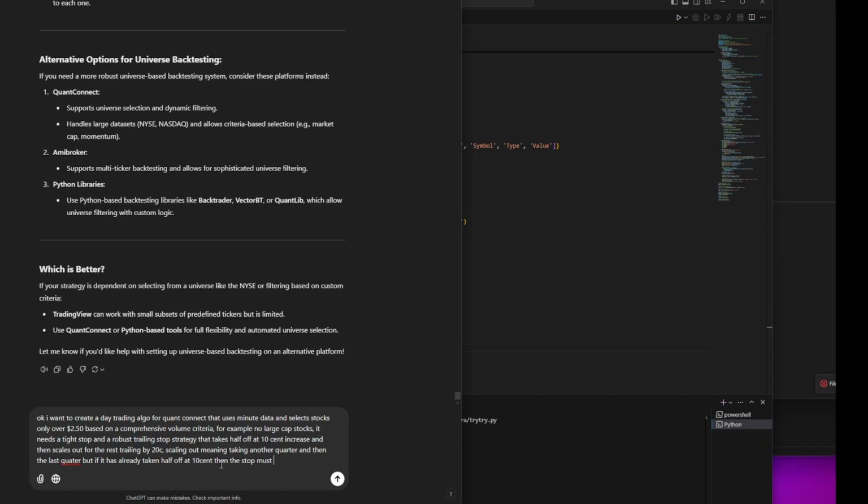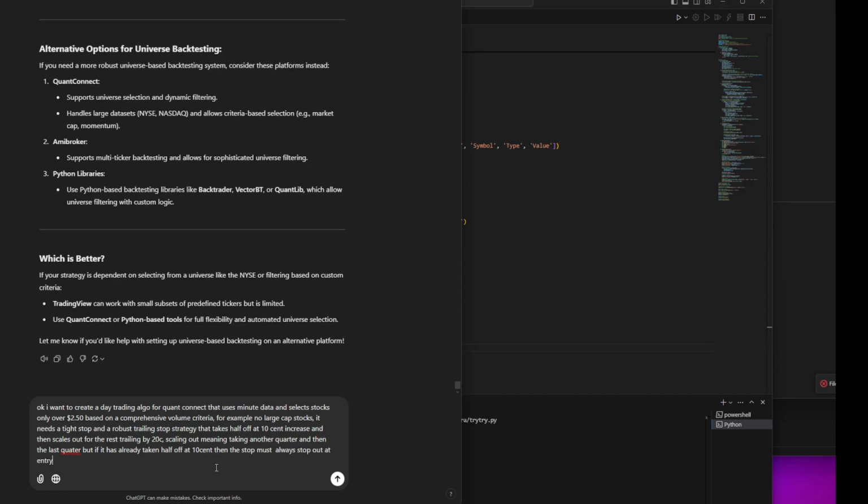The stop must always stop out at entry, because then you didn't lose any money, right?